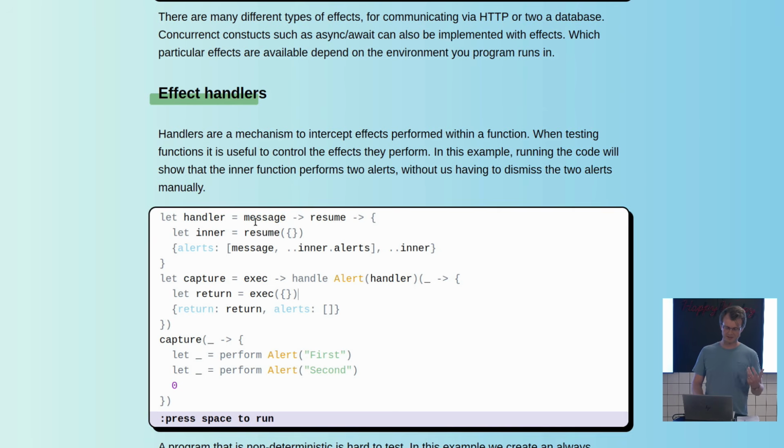What this handler does is, when it gets a message, we just resume with unit, so no value from the alert, it just returns with essentially nil. And we just add all those alert messages together. So when we run this program, there's no alerts. We've handled everything here.